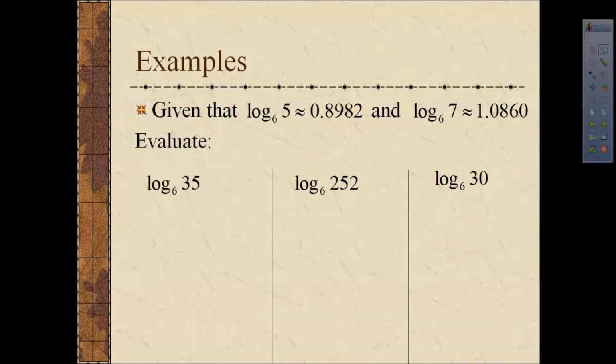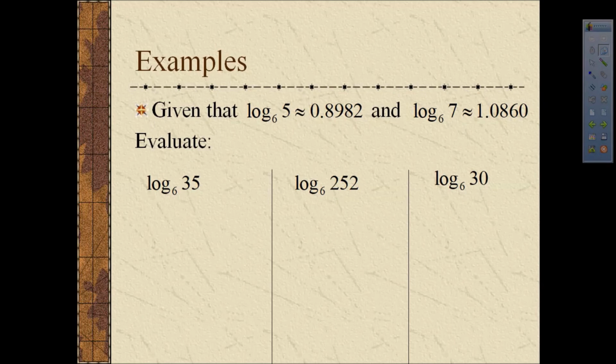These next examples show how we can cleverly use the properties of logs to go from just a couple of known logarithms to finding several unknown logarithms. Suppose it's given that log base 6 of 5 is 0.8982 and log base 6 of 7 is 1.0860. Now suppose we want to find the log base 6 of 35.